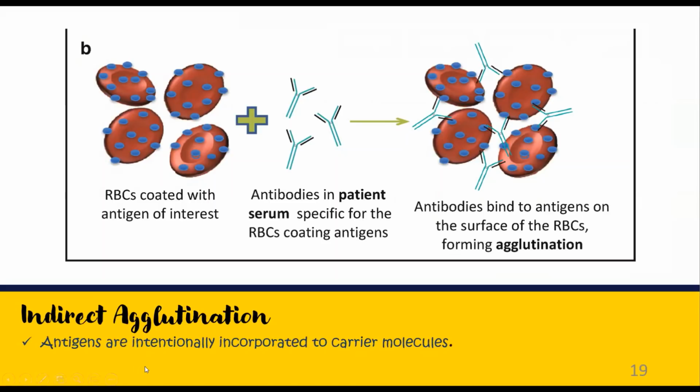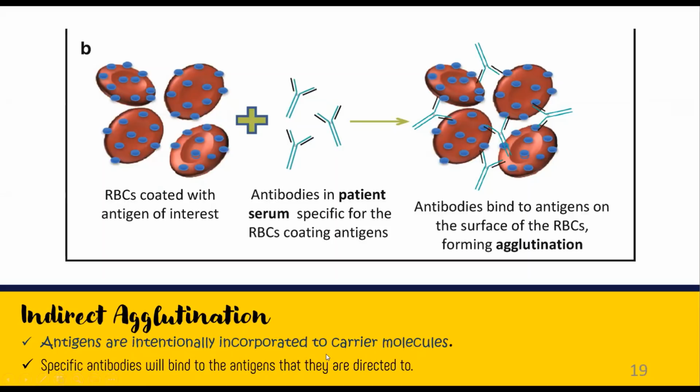The antigens here are intentionally incorporated to carrier molecules. The specific antibodies will bind to the antigens that they are directed to. Again, I want to emphasize that in indirect agglutination, the antigens are intentionally incorporated to a carrier molecule.